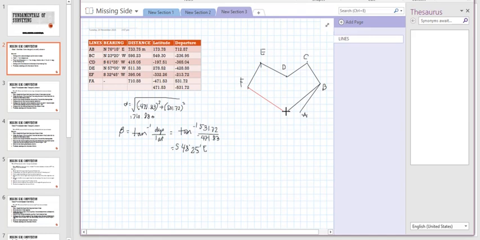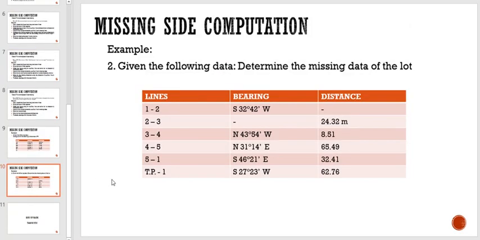This is the line closing back to A, and it closes. So the computation of the bearing, 48 degrees 25 minutes, and the distance, 710.88, is correct. Okay. Next, problem number 2.